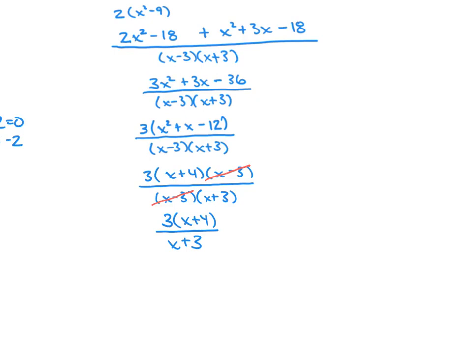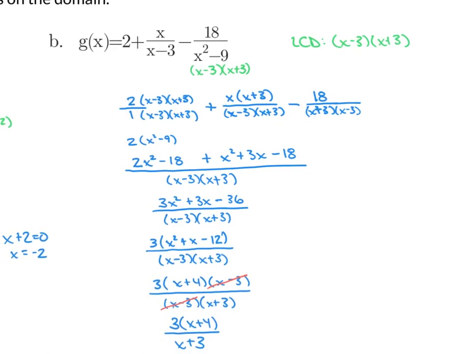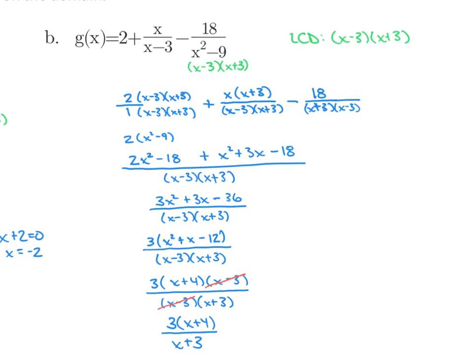Do I look at my finished function, or do I look at the original function? And the answer is we do need to go back to the original function. So when we look at this, what we're looking at is none of these denominators can be 0. So what I'm going to do is work with my LCD. This is what I want to know is not equal to 0.